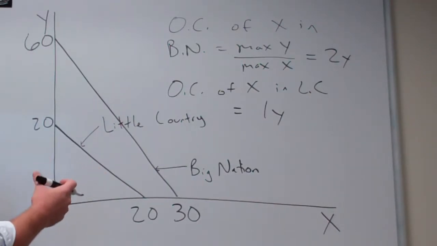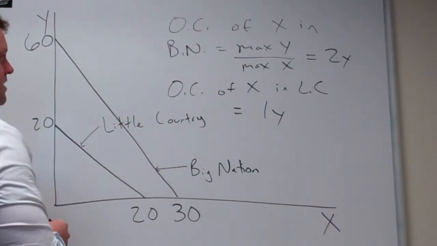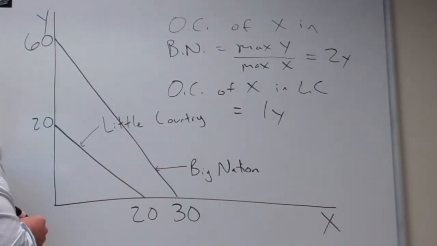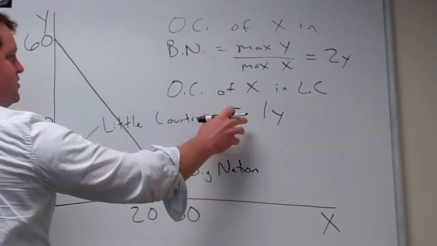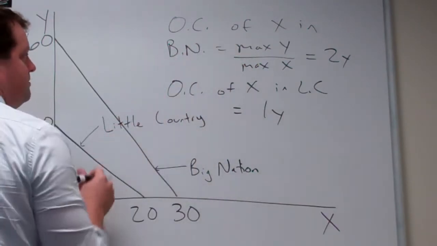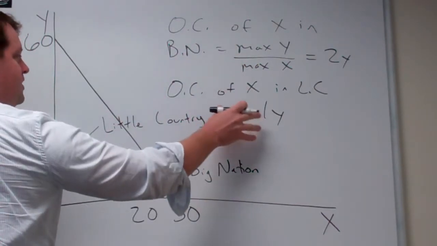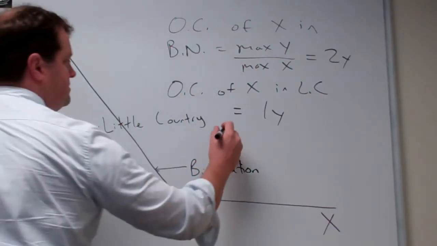So now that we've identified opportunity costs, we can identify who has a comparative advantage in X and Y production. And notice here, even though little country is smaller, little country gives up fewer Y every time they want an X compared to big nation. So little country has the comparative advantage in X production.